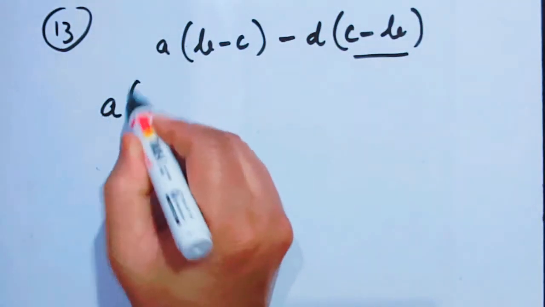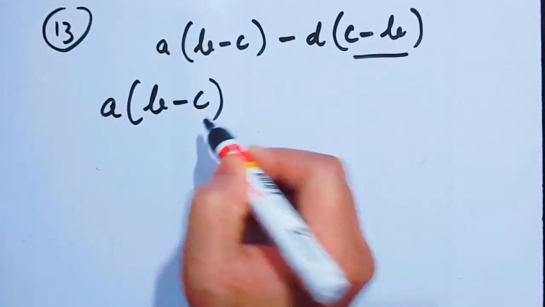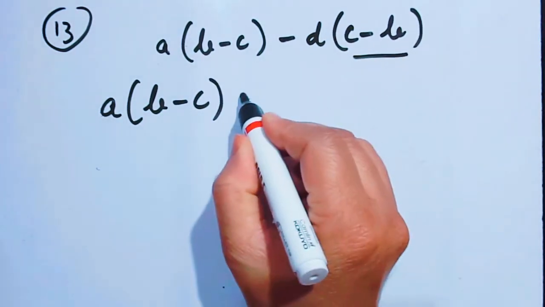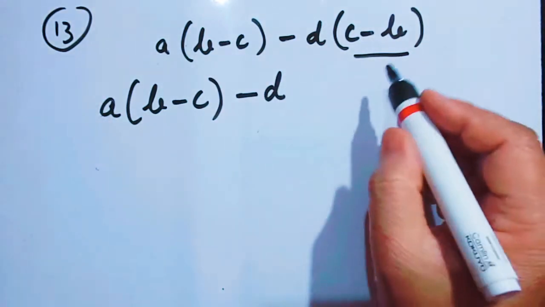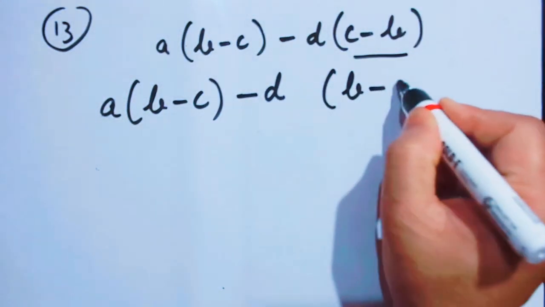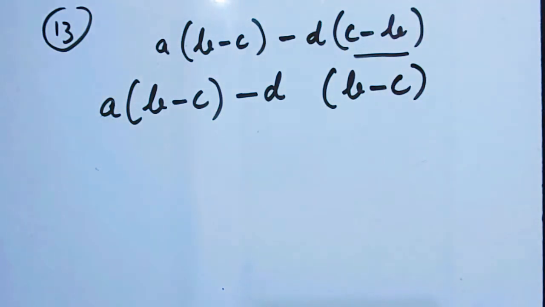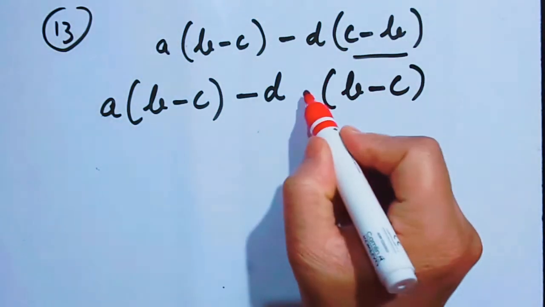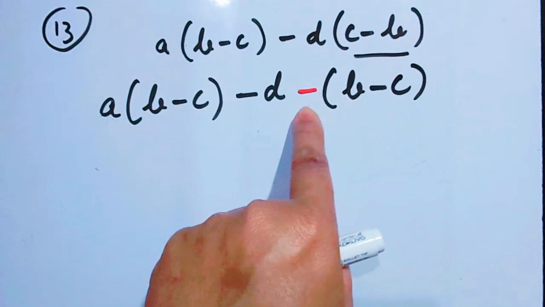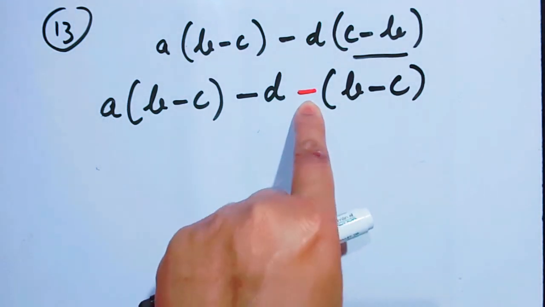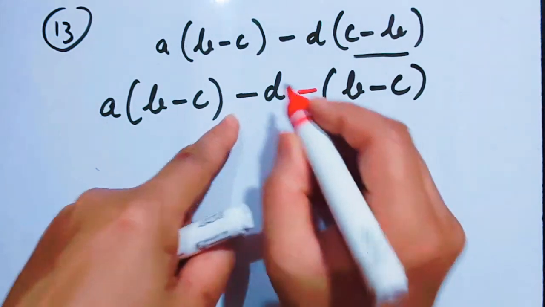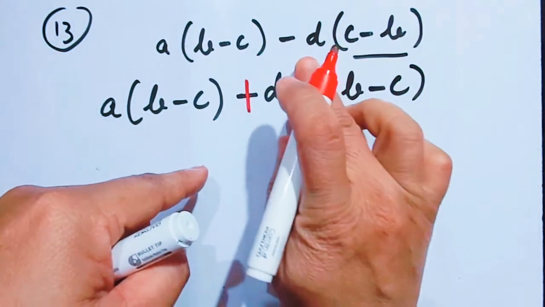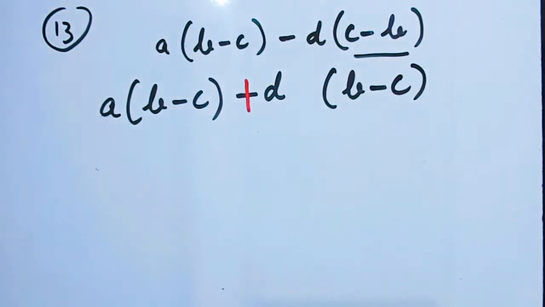So a, b minus c, this minus d is already over here. Now when I write b minus c over here, naturally I will have to put a minus sign over here. Now when I put a minus sign over here, this minus sign and this minus sign will get multiplied and you will get plus d over here.